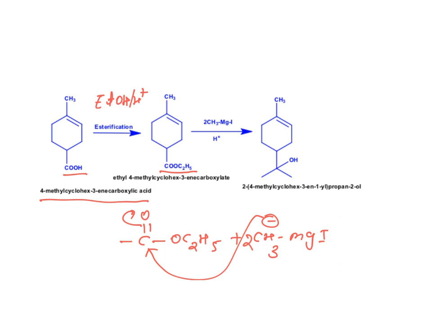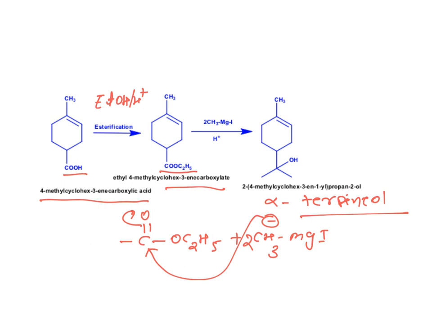First it is converted into ketone. After that, another mole reacts with the ketone and it is converted into alcohol. So this ester group on reaction with the Grignard reagent gives alpha-terpineol. This is the way terpineol is synthesized from para-toluic acid.